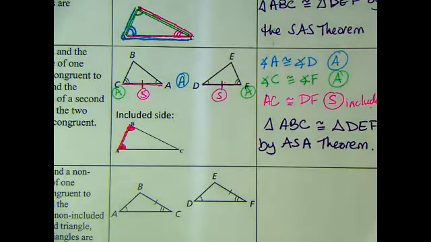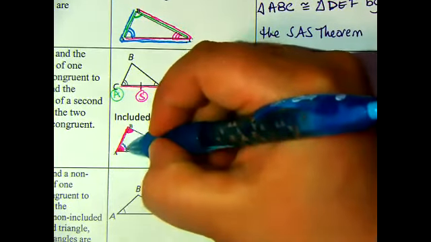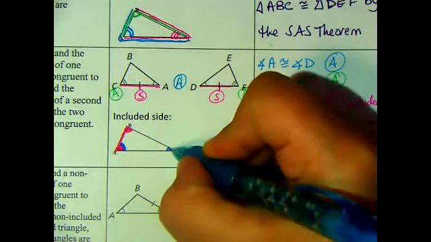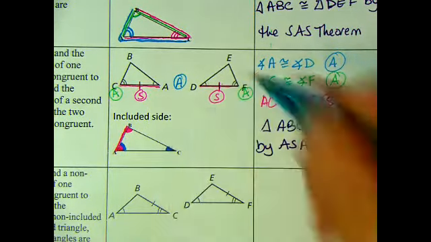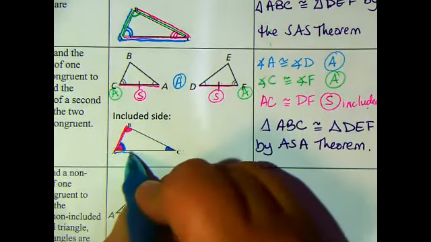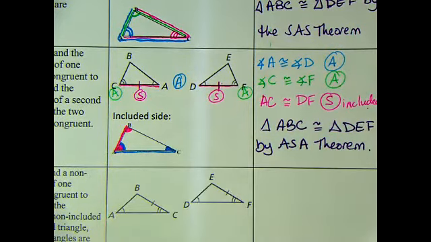Next, suppose instead of angle A and B, we have angle A and angle C. Suppose we have those two angles being used. In that case, then, the included side is going to be side AC, right there.